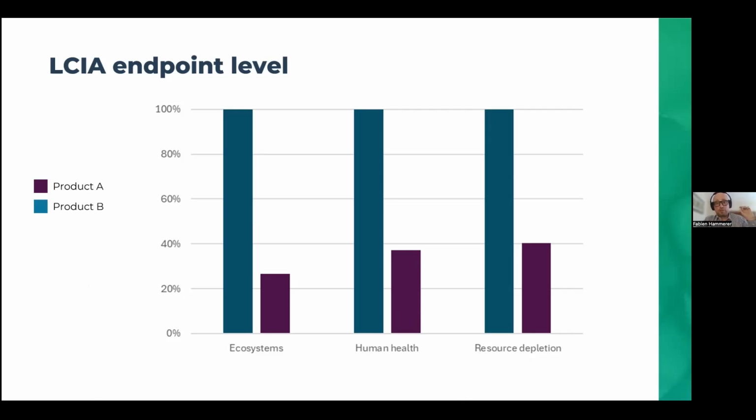Note that the two examples that I gave between the previous one and this one are not the same. So we were not talking about the same product A and B as in the previous example. However, my point here is that it's much easier for a company to make a decision, or for someone to make a decision, based on three indicators rather than 40. So now, can we actually go further? Should we actually go?